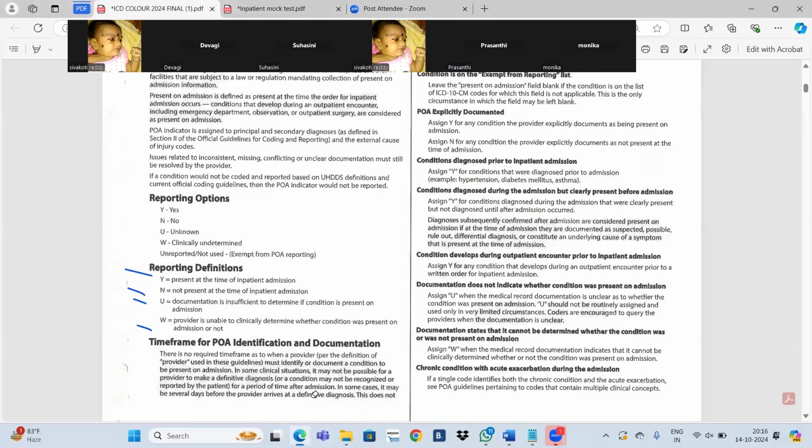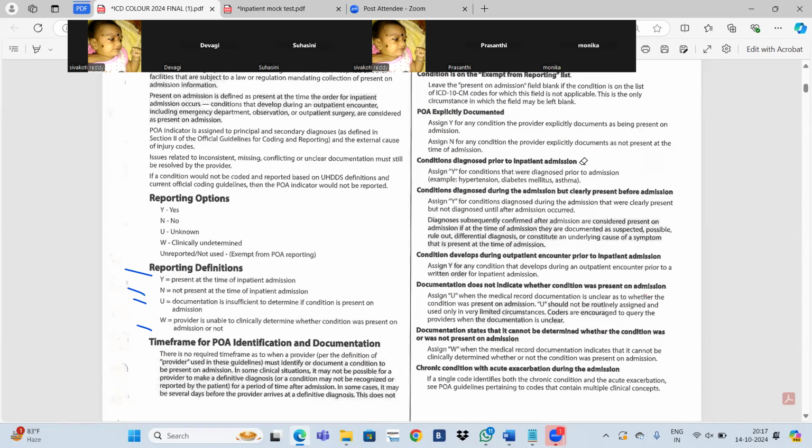Condition diagnosed prior to inpatient admission: mostly chronic conditions, like past medical history conditions such as asthma, COPD, diabetes. These conditions will not develop at a single time, right? So for this type of condition, like past medical history or social history, already present for years, you need to give the Y indicator.